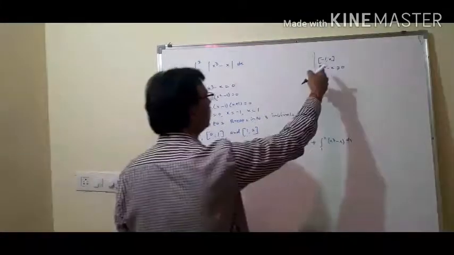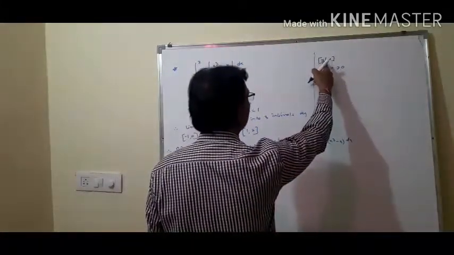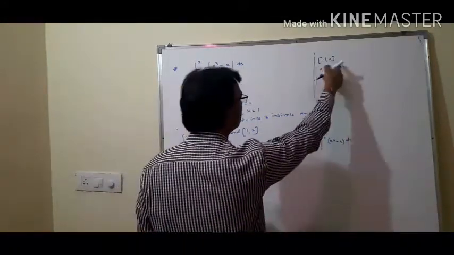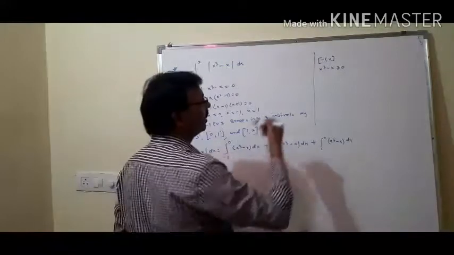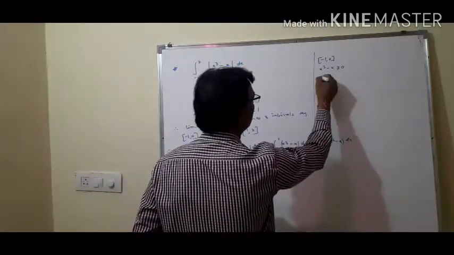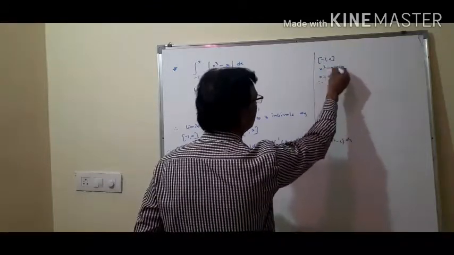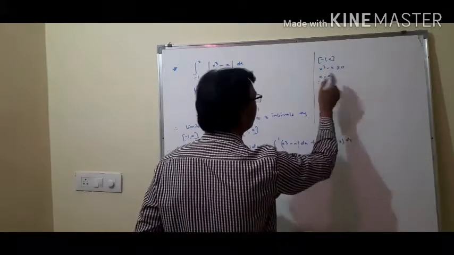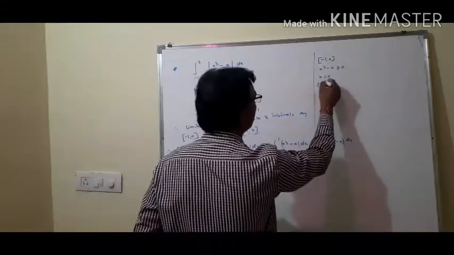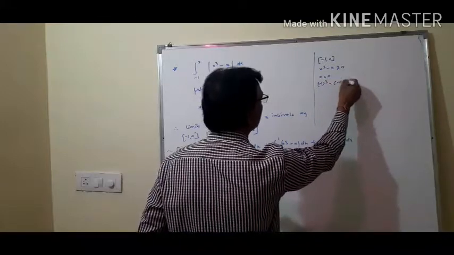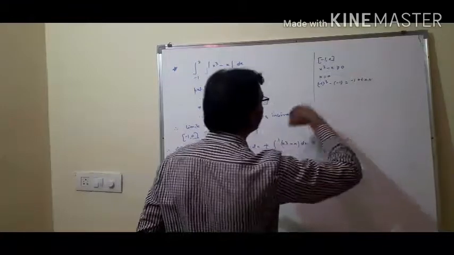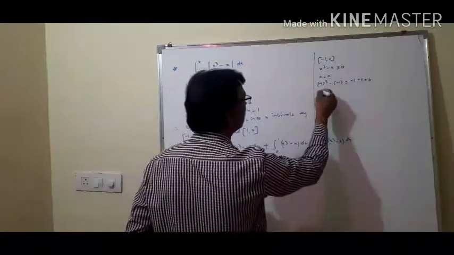The reason is that if we take any number between minus 1 and 0, this always gives a positive number. If you put x equal to 0, then 0 minus 0 equals 0. And if you take minus 1, that is minus 1 whole cube minus (minus 1), this will be minus 1 plus 1 equal to 0.